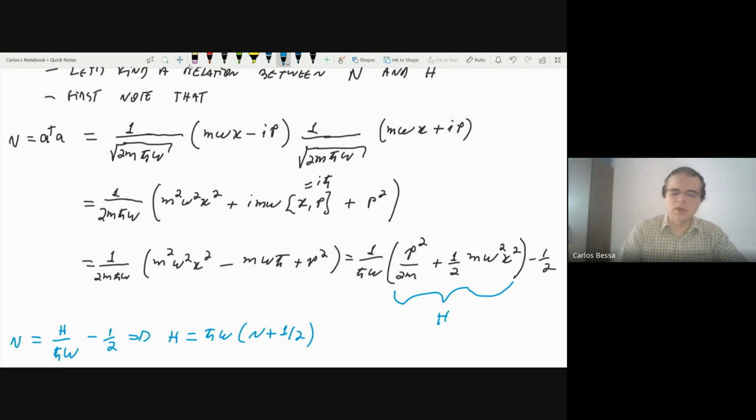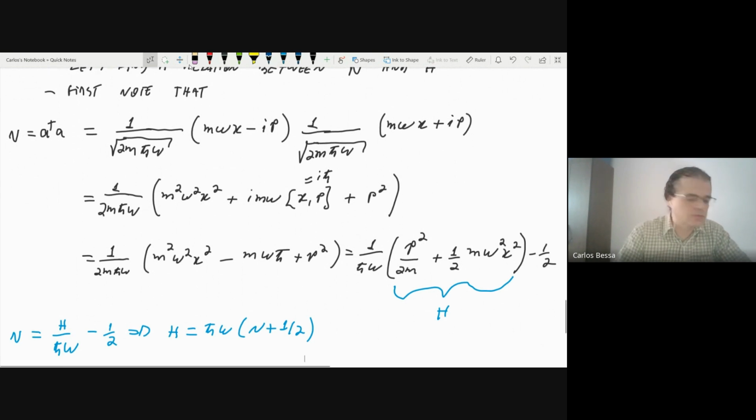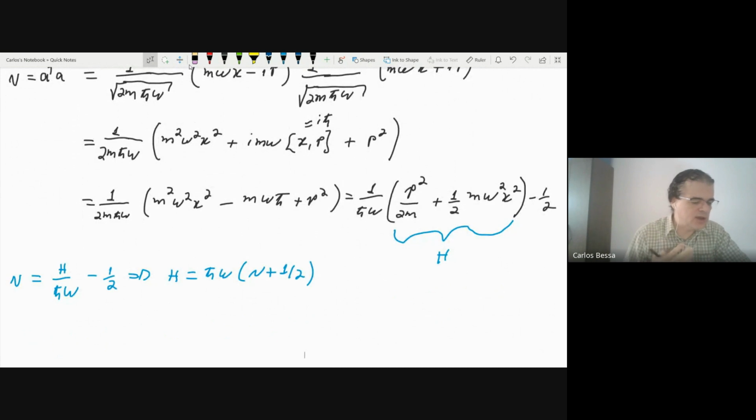So we can denote the energy eigenkets of N by the following eigenvalues.